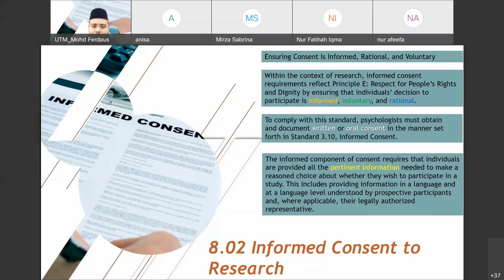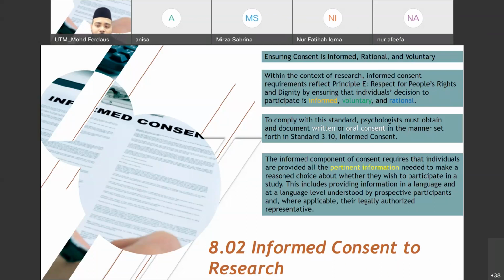Usually in the interview, when I submit my request letter, I will inform them. And then during the interview, I will ask them again for their agreement or their approval or permission to be interviewed.